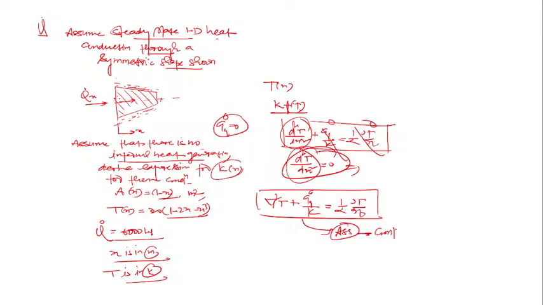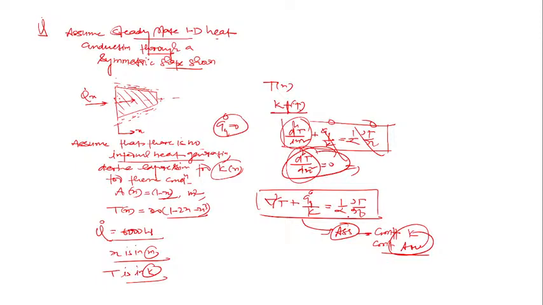Constant k and constant area. Here area is also going to vary and k is also a function of temperature. Clear? Area is also going to vary, no? We can't use these equations.